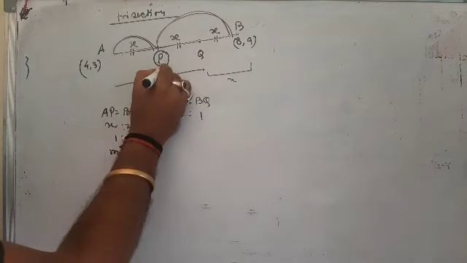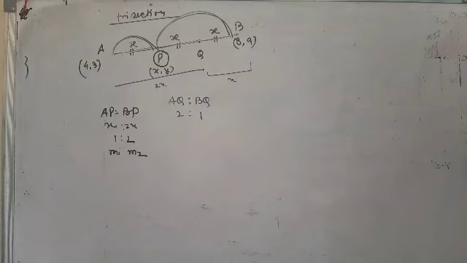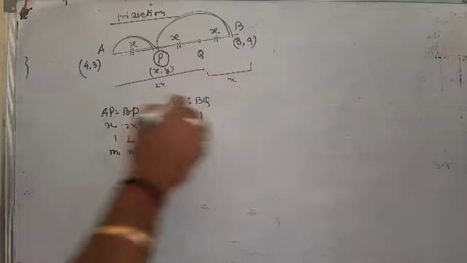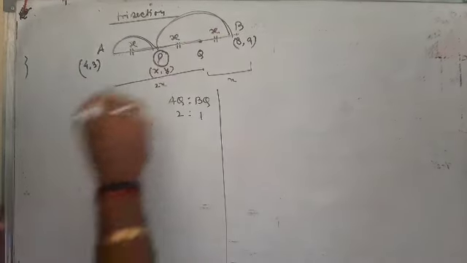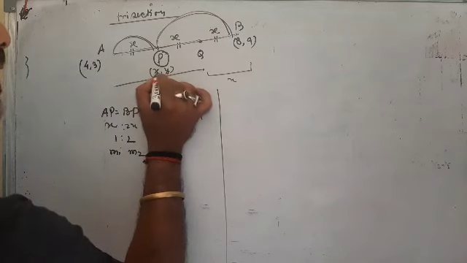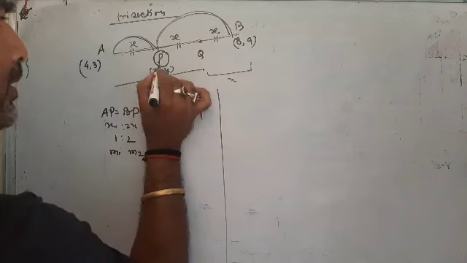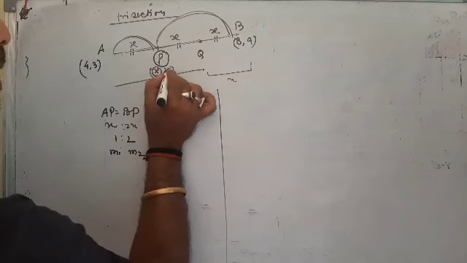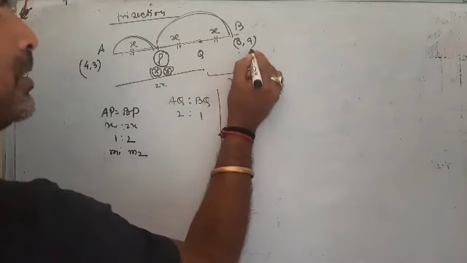So you can easily find the x and y coordinates of P by using the formula. Then you have one more concept here, how to find Q. When x and y of this coordinate P is clear, you take this as your x1 and this as your y1, and this is your x2 and this is your y2.